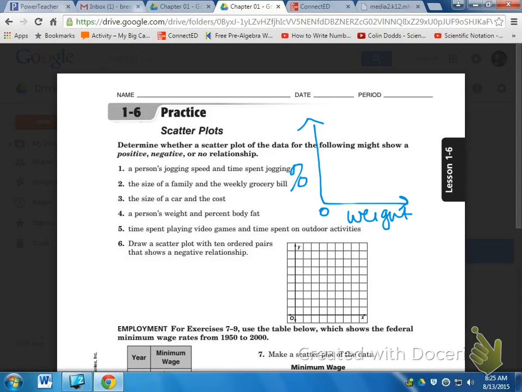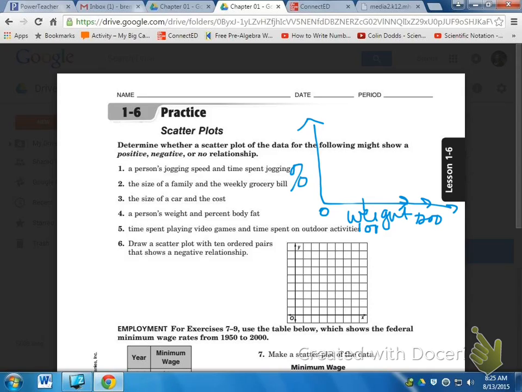So I'm talking 0. The more people weigh, so 0, there's 100 pounds. Over here, we're going 200 pounds, and so on. What do you think somebody's percent of body fat might be between 100 and 200?